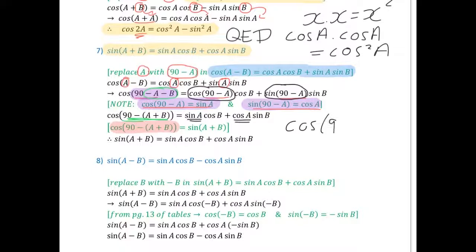So that's like our angle that we had above, like our A is now an A plus B. So instead of it being just sine A, it's now going to be equal to sine A plus B. So our left-hand side becomes sine A plus B, and our right-hand side is as we have here, sine A cos B plus cos A sine B, and that's the end of that proof.